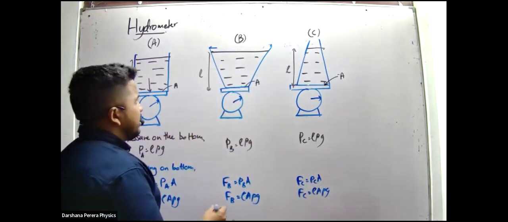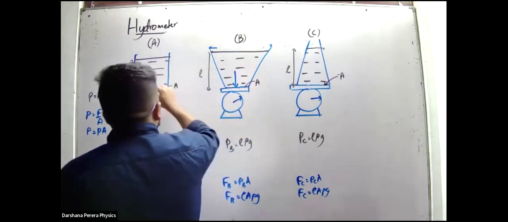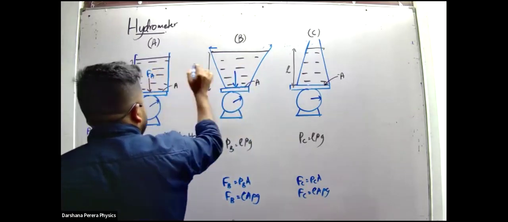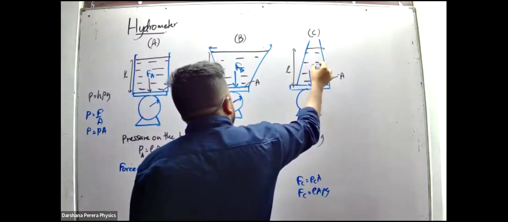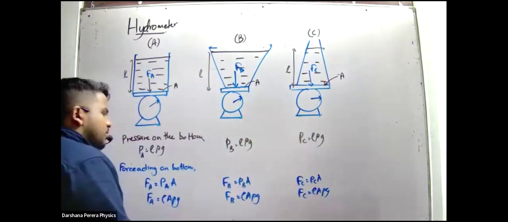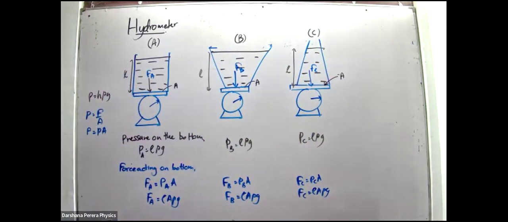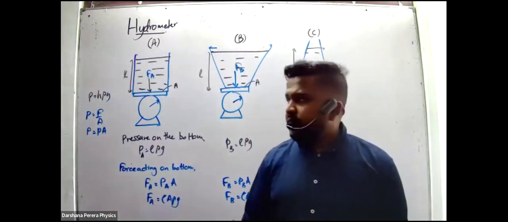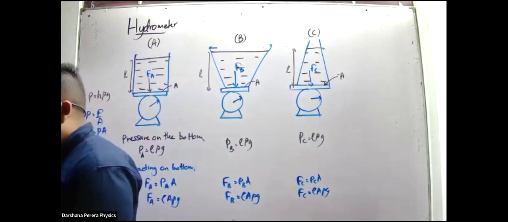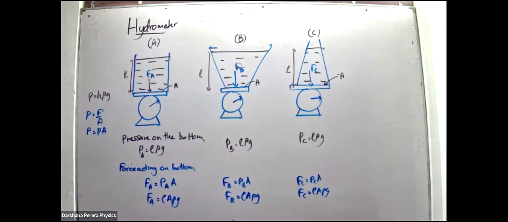So the forces acting on the bottom, FA, FB, FC, are also the same. Therefore, are the readings of the scales the same or not? Force acting on the bottom is the same, but the scale readings remain not the same.